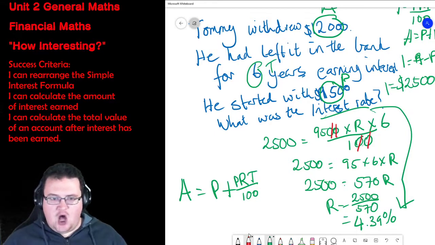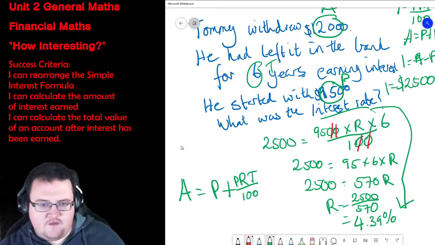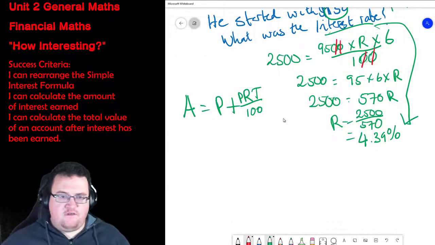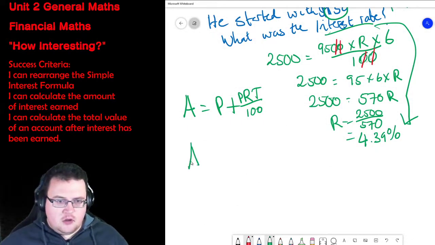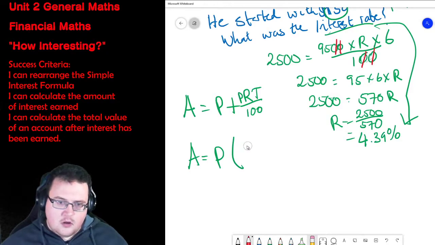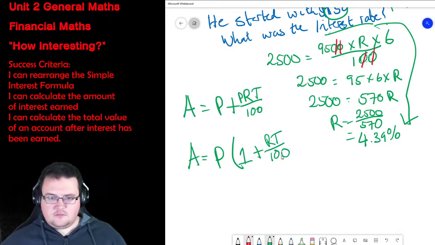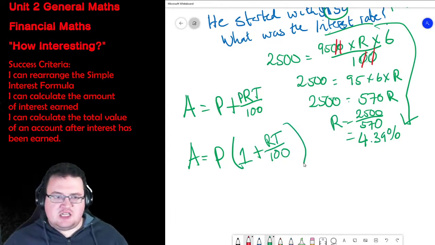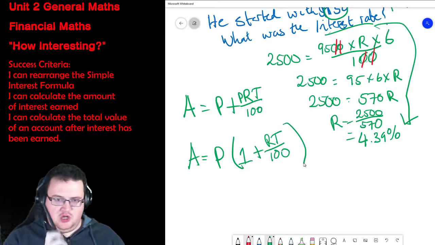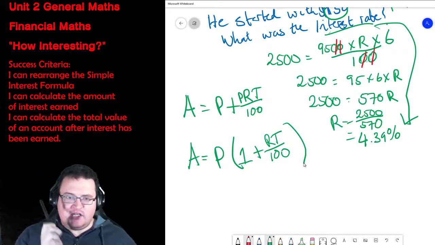In that I substitute I for PRT over 100, which means that if I wanted to, I could factorize out P: A equals P bracket 1 plus RT over 100. Your textbook may give the formula to you like that. It means the same thing.